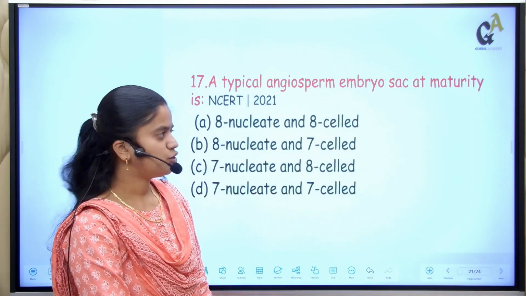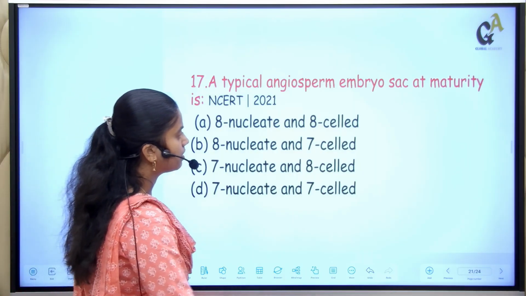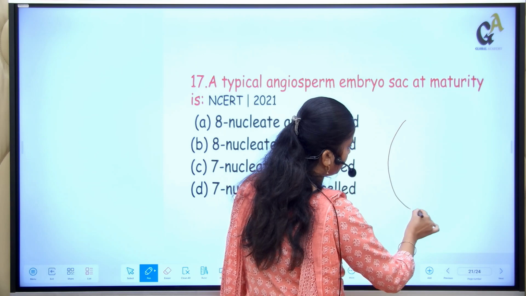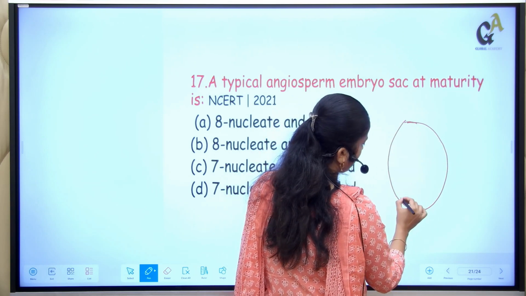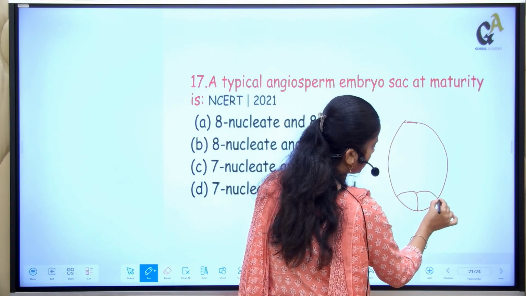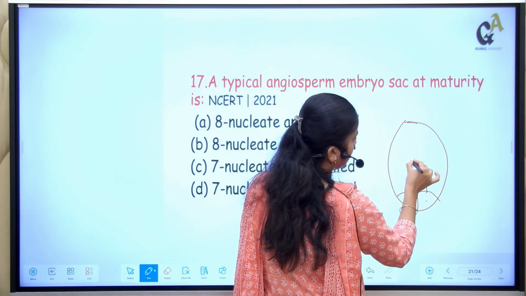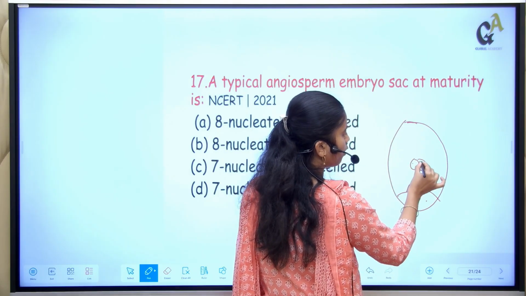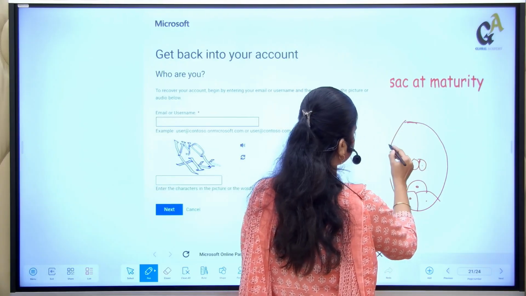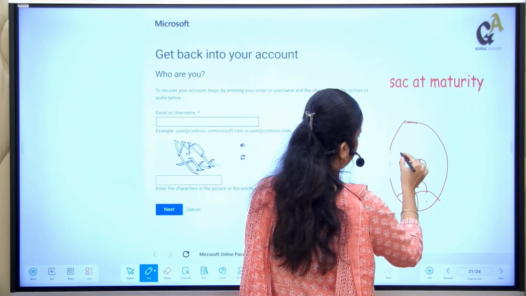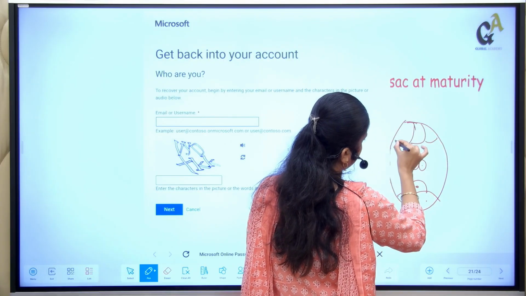A typical angiosperm embryo sac at maturity is at... See, for this we have to learn the female embryo sac. The female embryo sac consists of how many cells, students? Two will be synergids, one will be the egg cell. Then there will be a pair of polar nuclei. Later on there will be three cells.